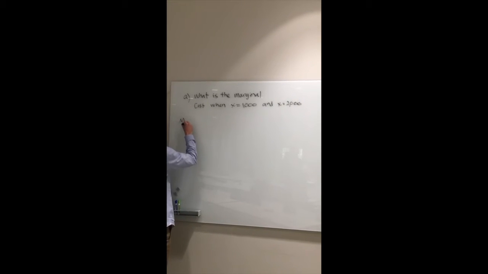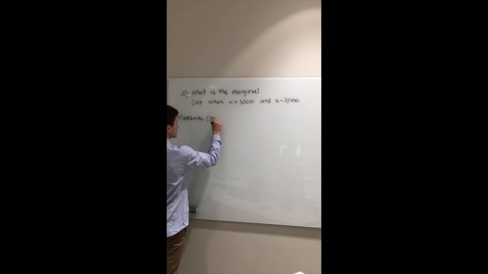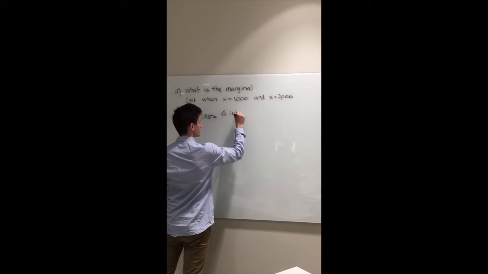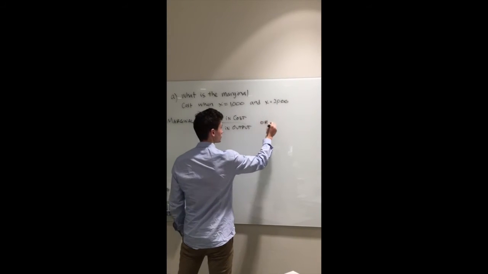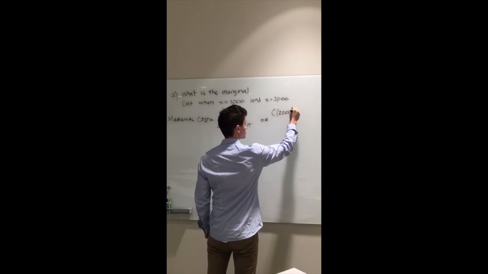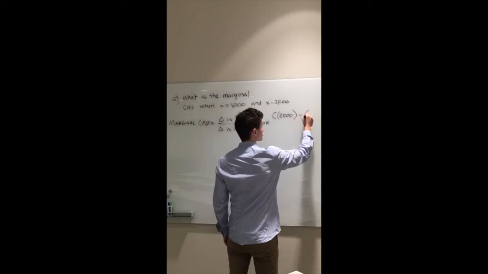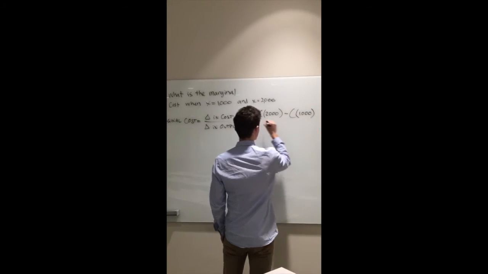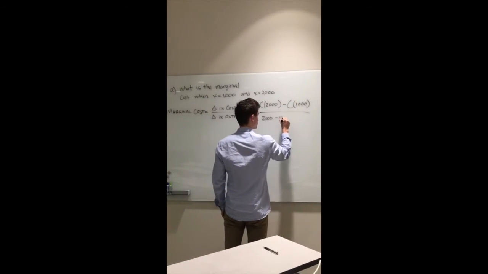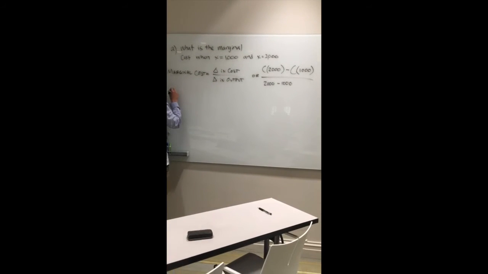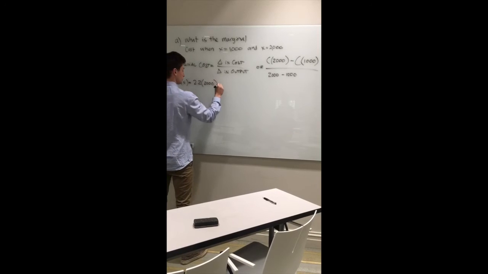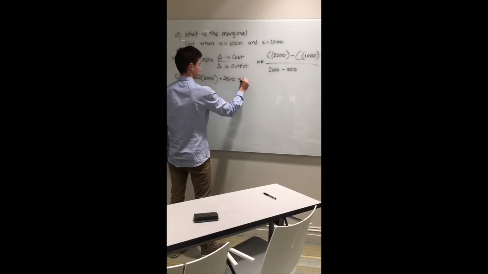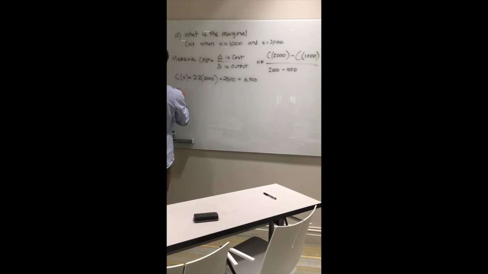So our first step in finding A is finding the marginal cost function, and we look back at our notes and we find that it's the change in cost over the change in the output. And I know that I said that an easier way of finding this is to take the derivative of the function, and we're just going to show you how it ends up being like that, because I think that's important. So when you plug in 2,000 into the function, you're going to get 6,900.